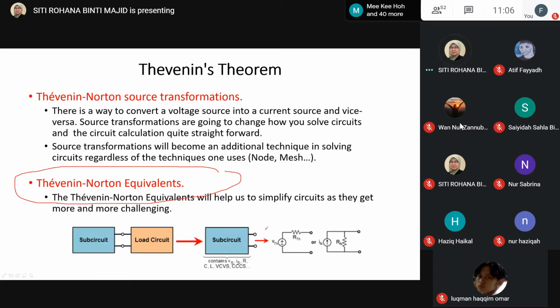So this is the equivalent circuit for Thevenin, and this one is the equivalent circuit for Norton. You can see in this one, resistance and voltage are in series, and in this Norton, current and resistance are in parallel.